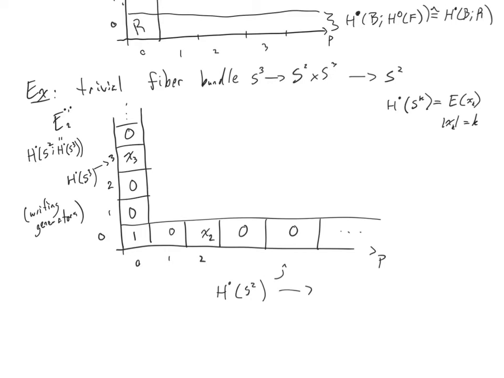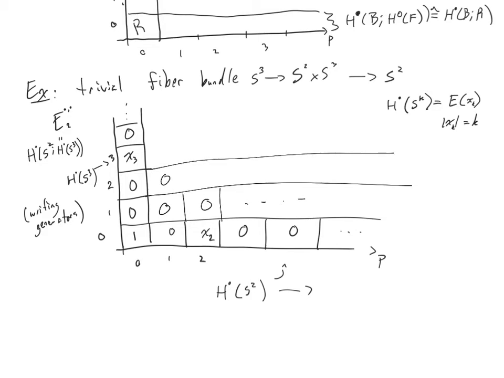Okay, and now you can fill in the rest of the chart. So, for instance, this first row, I'm taking coefficients in the 0 ring, so all of these are 0. Same with the second row, I get zeros. We're just going to avoid writing down zeros. And up here, all of this is also 0.